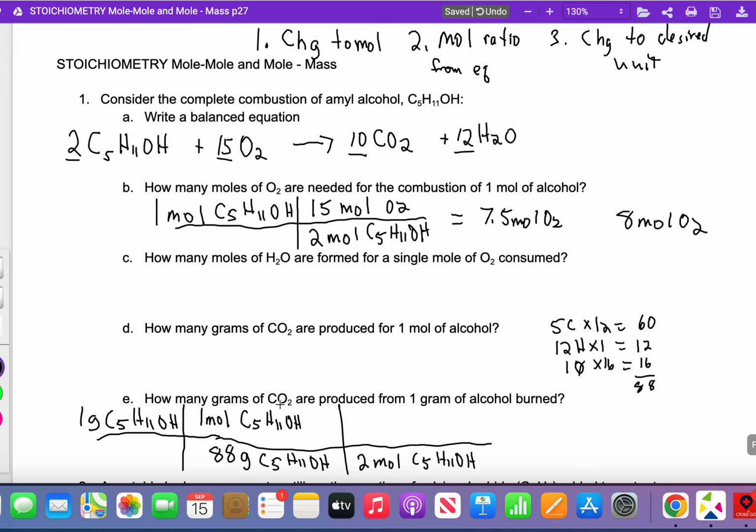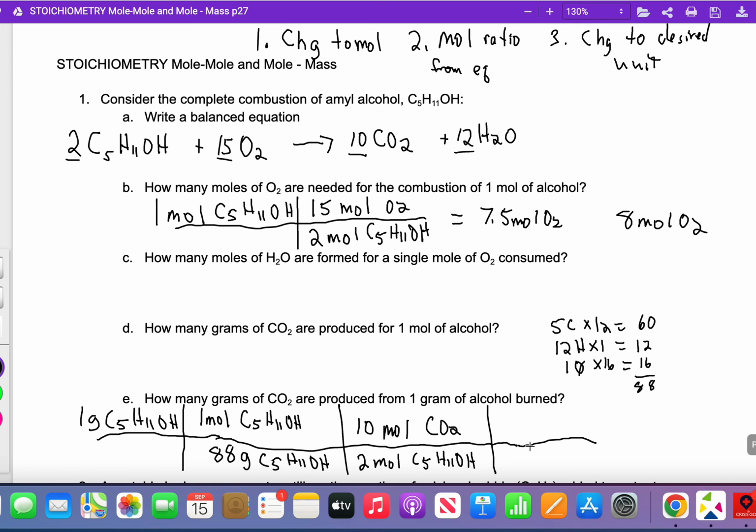CO2. But it's a mole to mole ratio. Okay, to 10 moles CO2. See how that's a mole ratio? 2 to 10. Now if it asked for moles of CO2, we would stop and do the math, but it's asking for grams, so we have to keep on going.